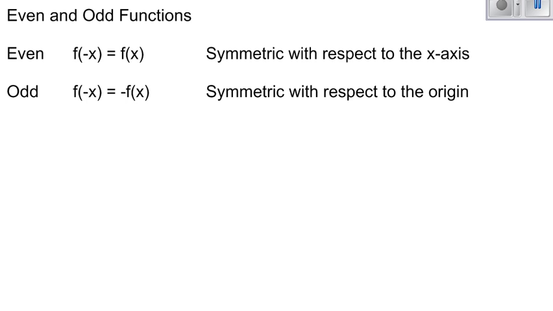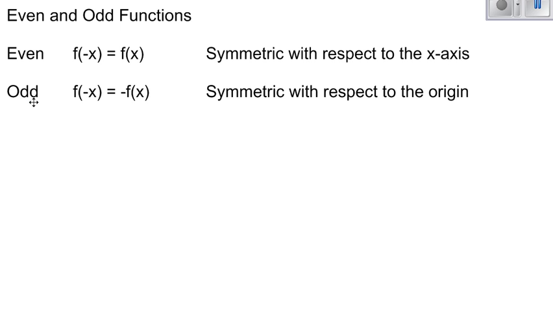Even and odd functions will seem familiar because it's very similar to what we did to test for symmetry. If a function is even, plugging in a negative x doesn't change. F of negative x is the same as f of x, which would mean it also has symmetry with respect to the y-axis.